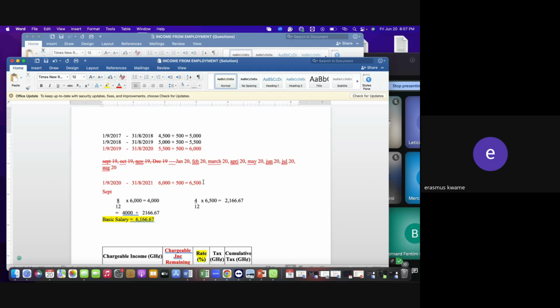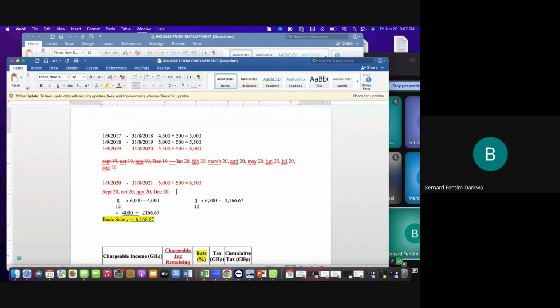We have October, we have November, we have December. I want the year. So October, then November. That's 20. Yes. Then what? December. 2020. Good. Then 2020 ends here.